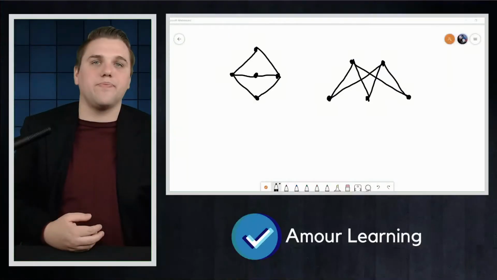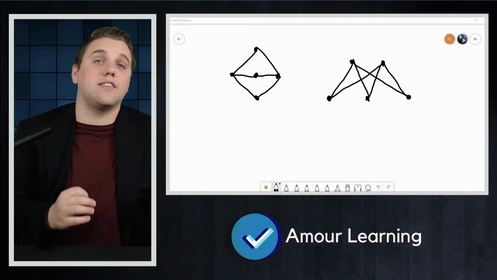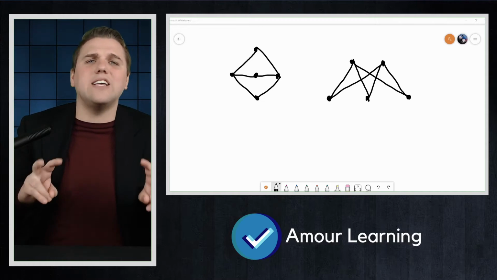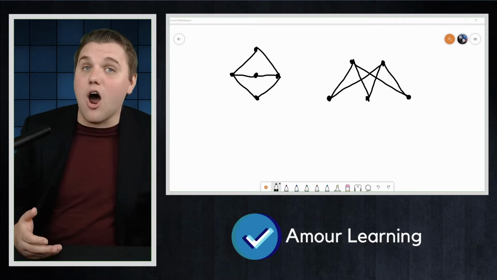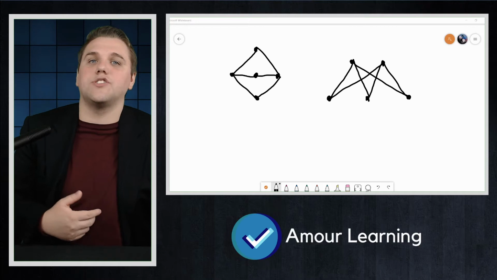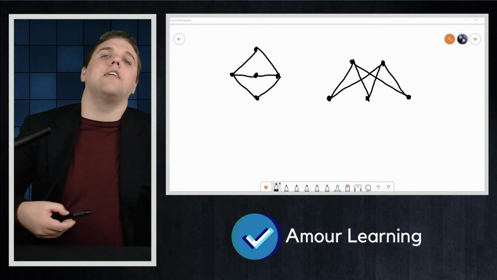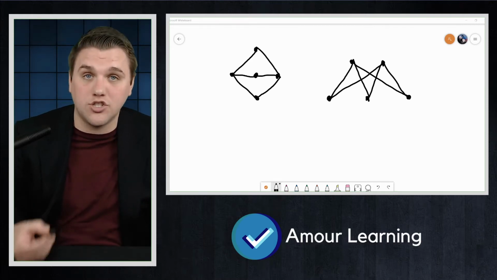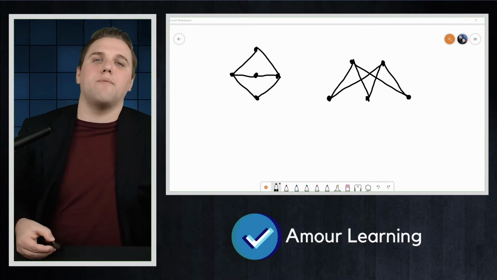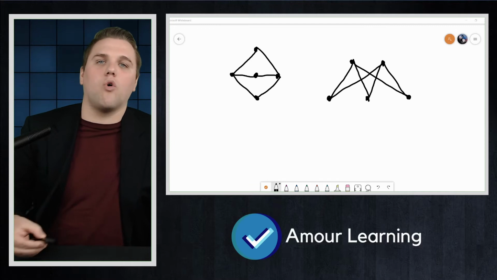For example, take a look at these two graphs here. Now you might think that these two graphs are not isomorphic, but they are, and showing that requires an isomorphism, or a connection between two structures that exploits how these two graphs convey the same information about vertices and corresponding edges.